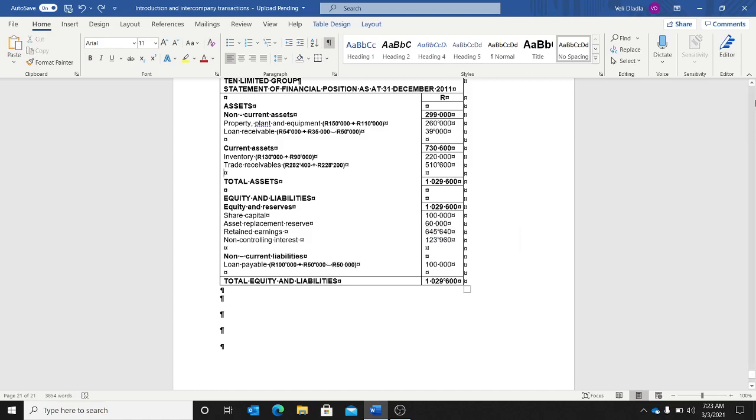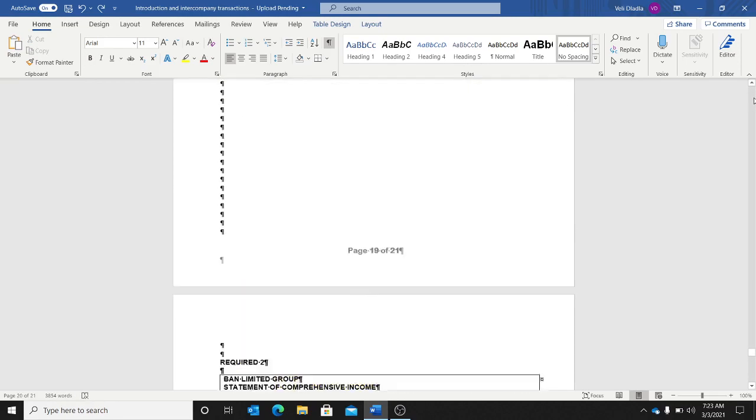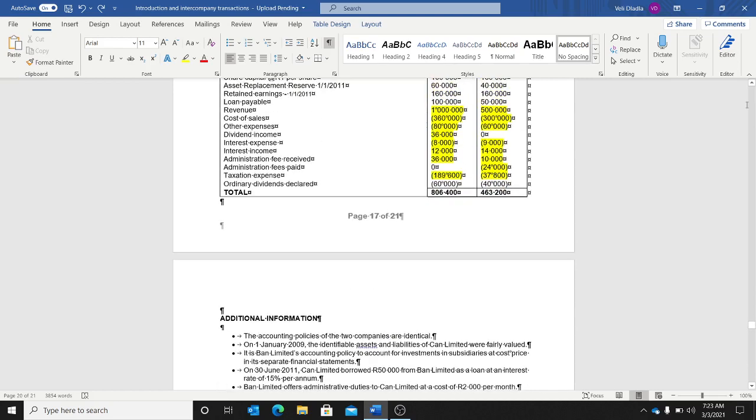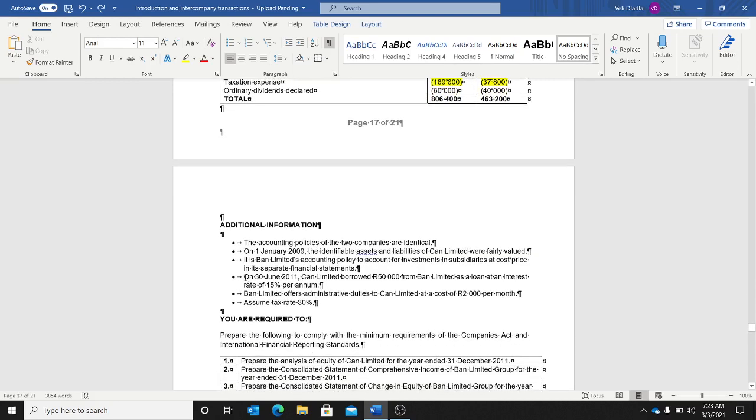Remember, there's an intercompany transaction between the two. Here, Ken borrowed 50,000 from Ben. In Ken's book, it's a loan payable. In Ben Limited's book, it's a loan receivable.